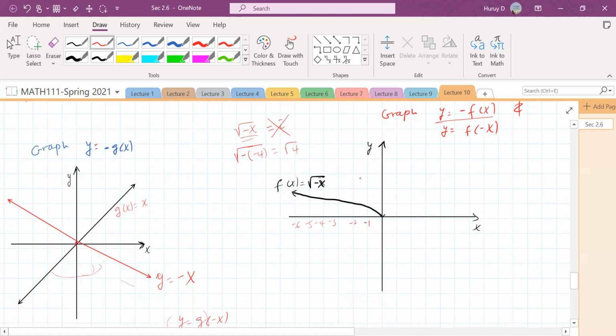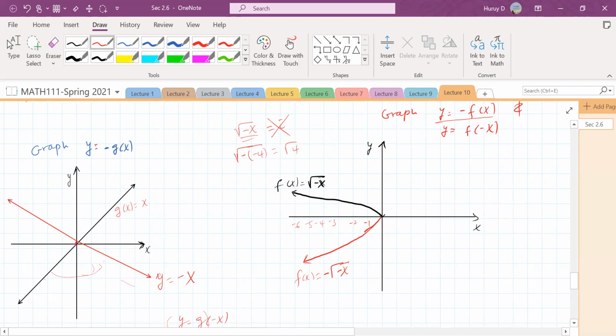So how can we reflect this one along the x-axis? Well, it just goes on this side. It takes the same shape, but on the lower side of the x-axis. So this is what f of x equals negative square root of negative x.